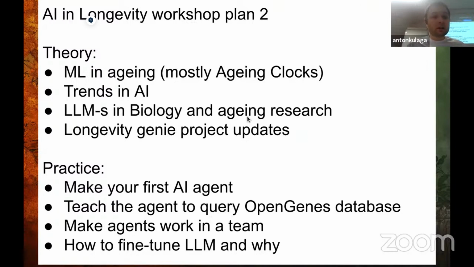After it, we will finally go to practice. You will try yourself how to make an AI agent, how to teach it to interact with an aging research database. Then you will learn how agents can work in a team, and also how in the future you will be able to do fine-tuning.